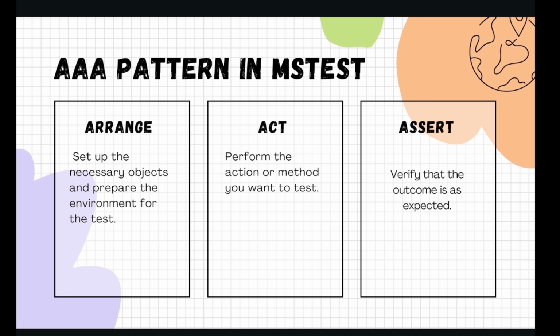First, understand Arrange, Act, and Assert one by one. First is Arrange. Set up the necessary objects and prepare the environment for the test. Act. Perform the action or method you want to test. And third one is Assert. To verify the outcome against the expected result.